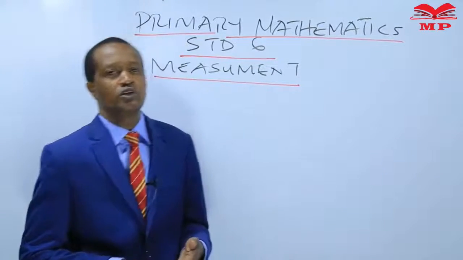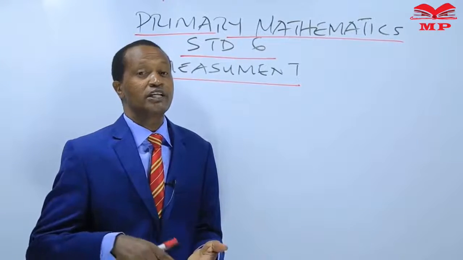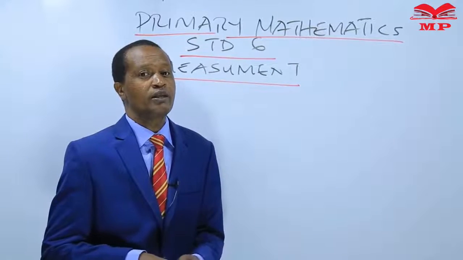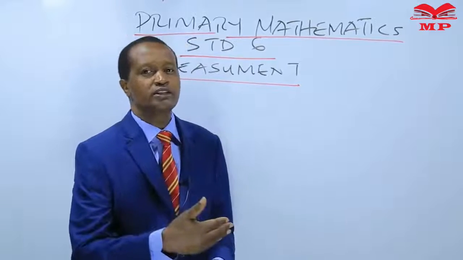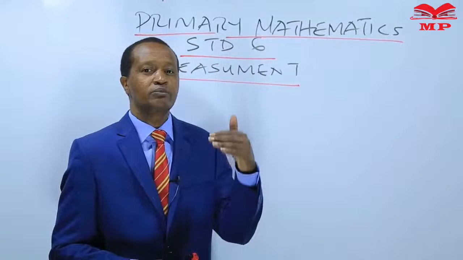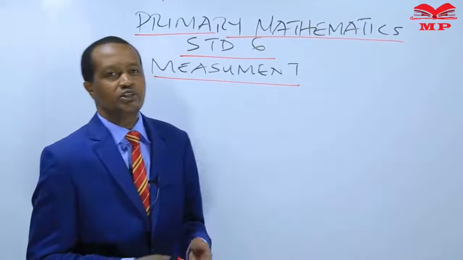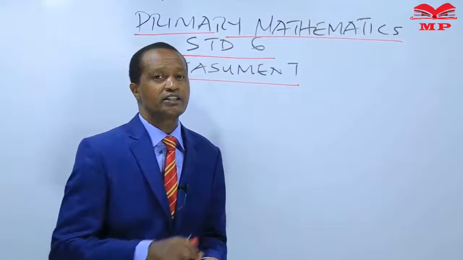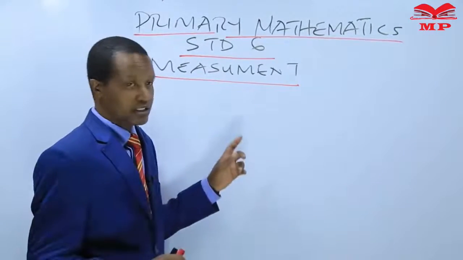Then number 4, you should be able to work out problems involving circumference of a circle. Number 5, you should be able to work out area of triangles, squares, rectangles, including borders and shaded regions. Then lastly, you should be able to recognize and identify the hectare as a unit of measuring pieces of land.